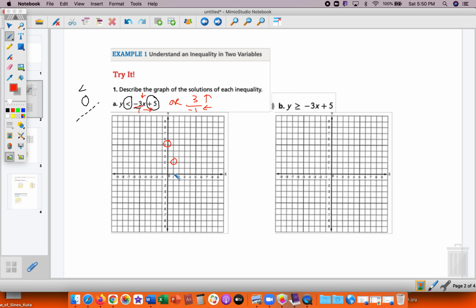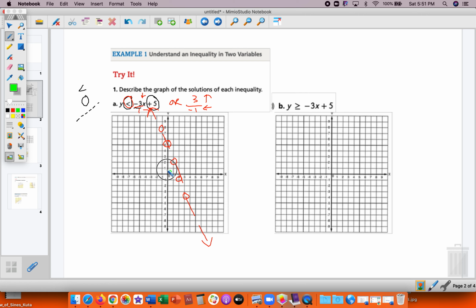I can also go back to the y-intercept and go up 3, left 1. Now, because it's just less than, it's not or equal to, we have a dashed line, meaning ordered pairs on the line are not included, not solutions.